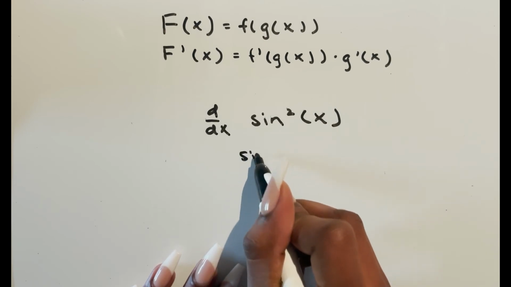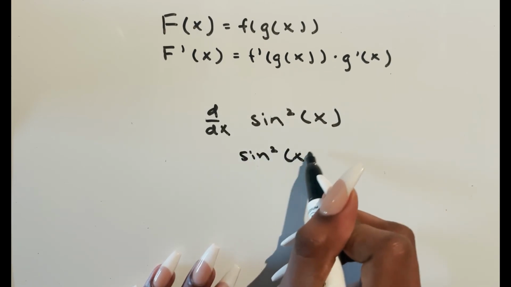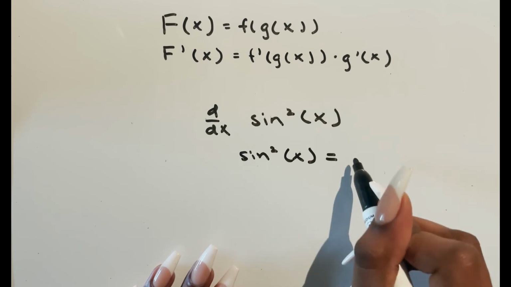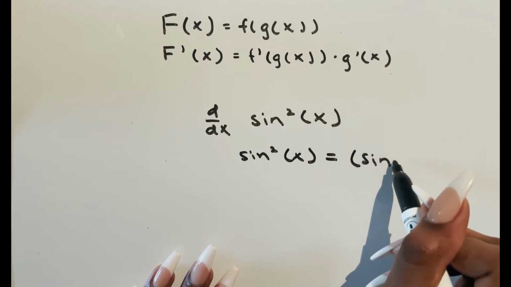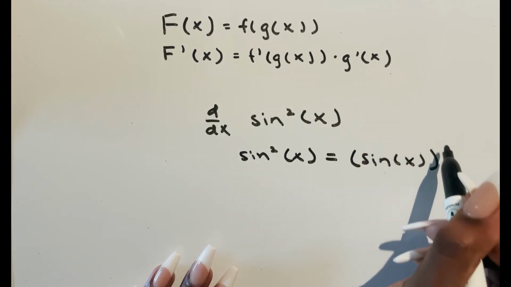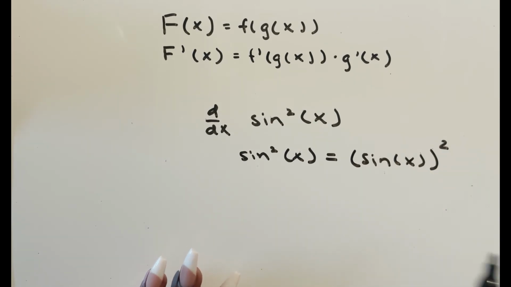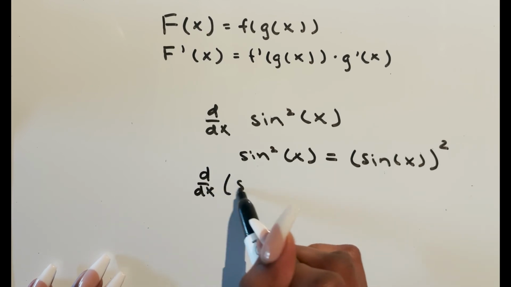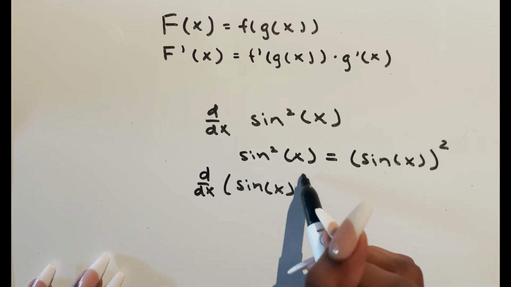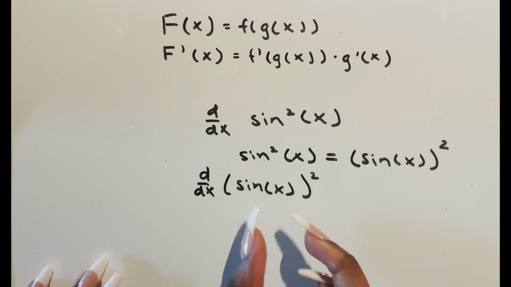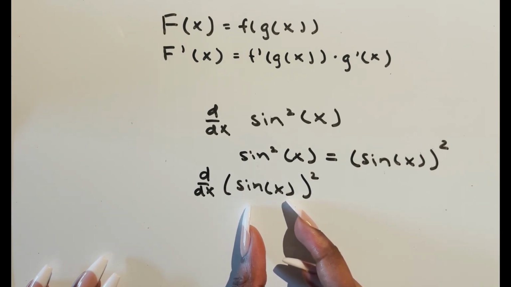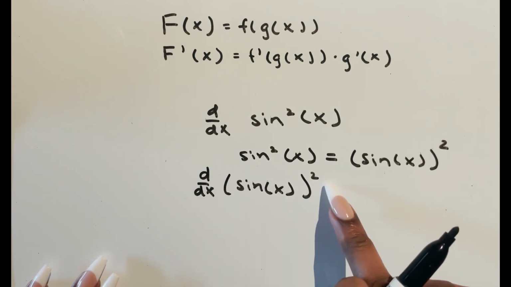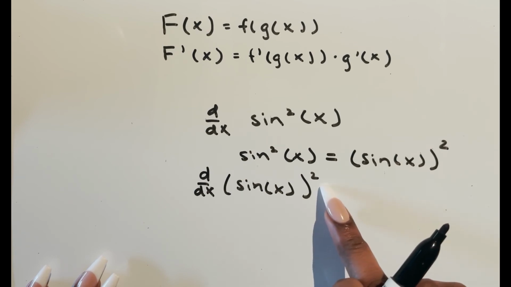So sine squared of x, we should note, equals the same as (sine x) squared. So given that we know this, we can use the chain rule to solve for the derivative of this. So if we're finding the derivative of (sine x) squared, we have stuff on the inside of the parentheses, which is sine x, and then we have stuff on the outside of the parentheses, this exponent 2.